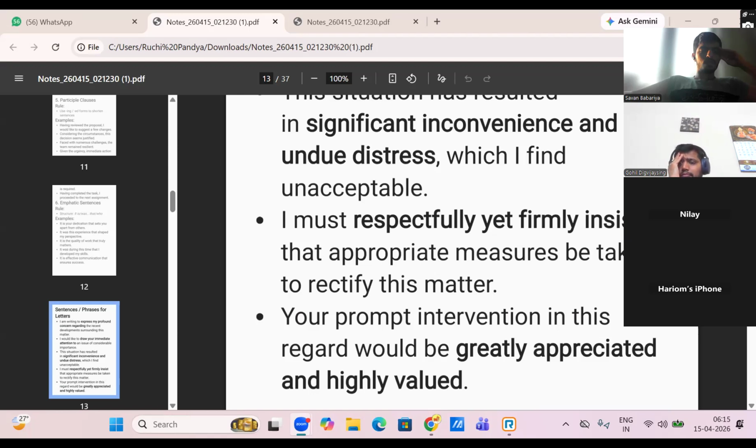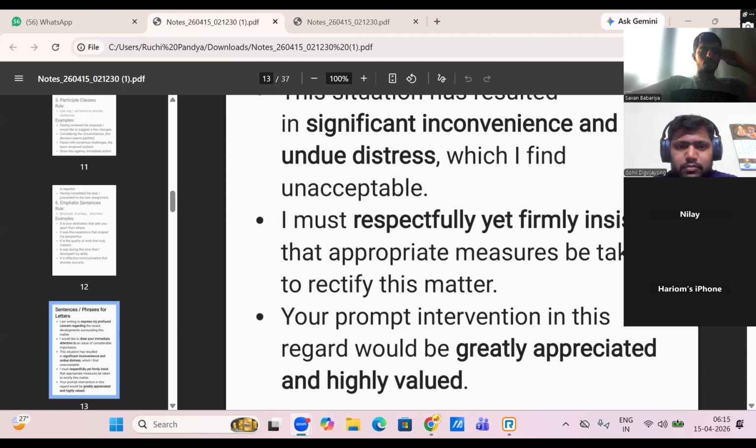So in this sentence, I want to rectify this matter by taking the appropriate steps or measures. You do not have to rectify it yourself. Digvijay, you try. Raj, you need to listen.